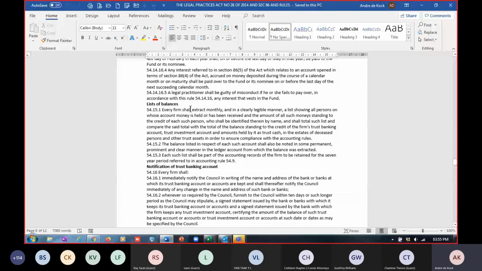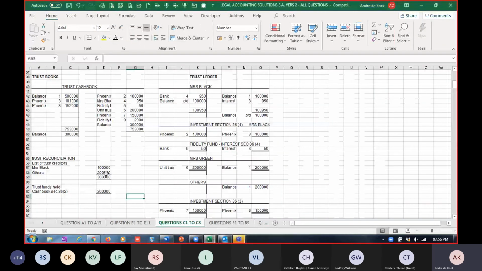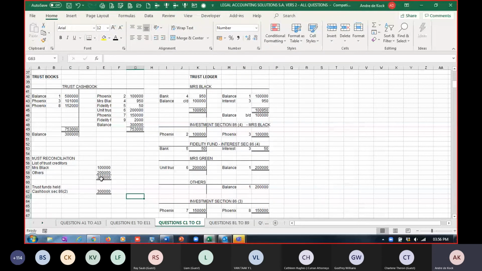Every firm shall extract in a clearly legible manner a list showing all the persons on whose account money is held, has been received, and is outstanding to the credit of each such person, who shall be identified by name, and you shall total that list, which is exactly what we did. We extracted the list and we totaled it. And then what does it say?